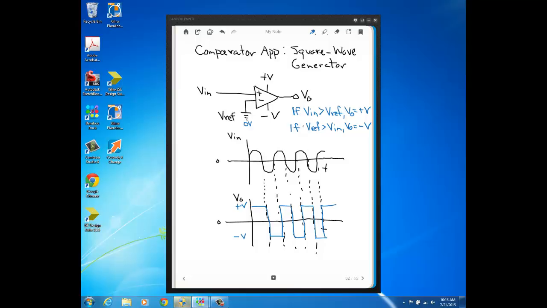Now, a lot of times the plus V and the minus V will have the same magnitude. So if this is plus 12 volts, this will be minus 12 volts, and you'd have a square wave varying between plus 12 and minus 12. In some comparators, remember, they come in integrated form, and some comparator ICs require that these power sources not be equal to 0.